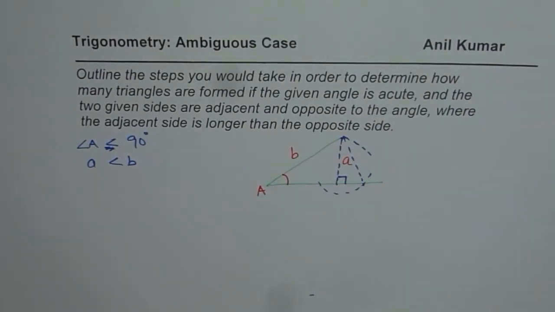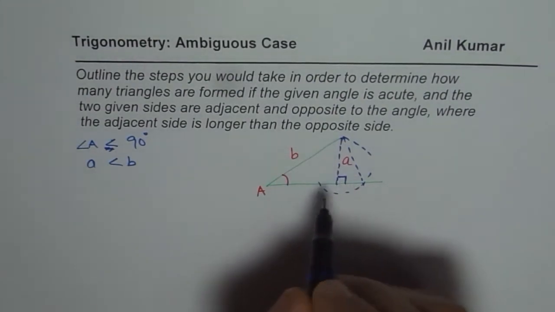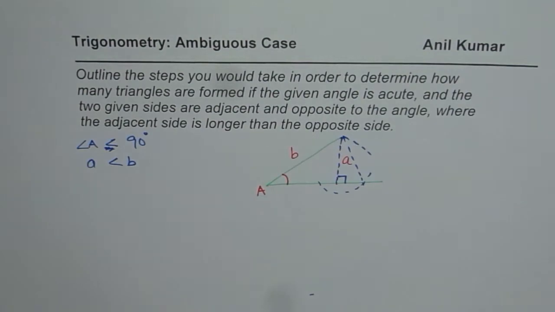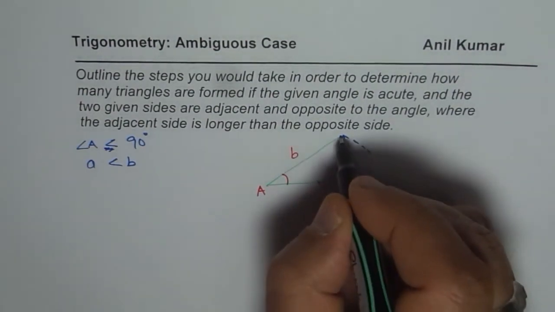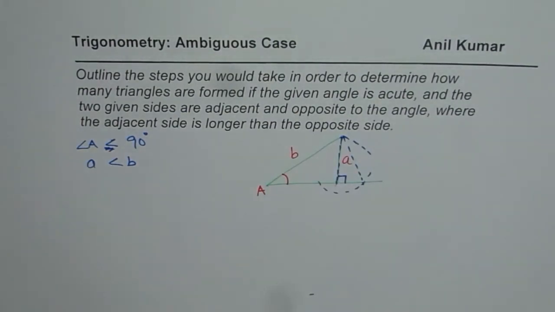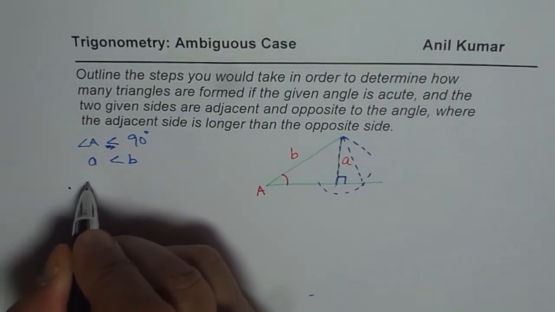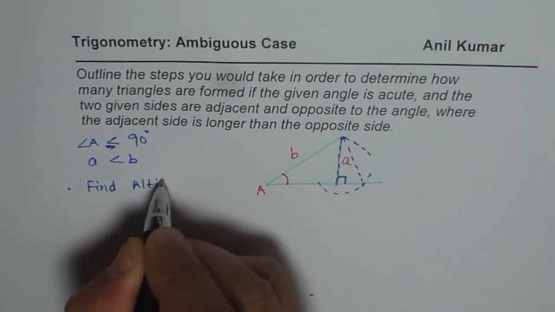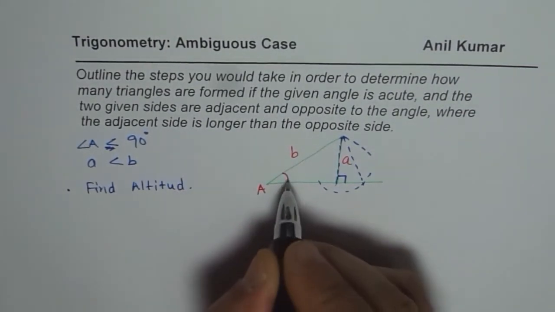Now how are we going to solve this question? The way to solve this question is to assume that if we have a right triangle in this position, then what is going to be the length of the altitude? So the first step is to find the altitude for the given angle.